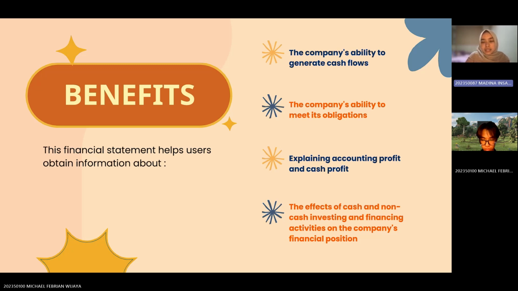And the last is the effect of cash and non-cash investing and financing activities on the company's financial position. This explains how both cash transactions like purchasing assets and non-cash items like depreciation or stock issuance affect the company's financial condition.